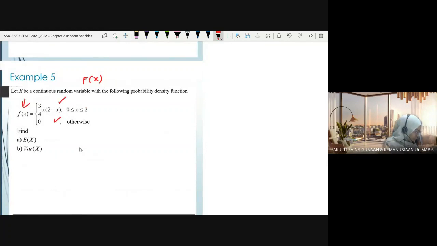For this one, how are we going to do it? For A, we are going to find the expected value of x, where x is the continuous random variable. We know that for the expectation of x, it will be multiplying the given function with x. So this is the x that you need to multiply with 3 over 4 x (2 minus x) with respect to x, and it will take values from 0 until 2.